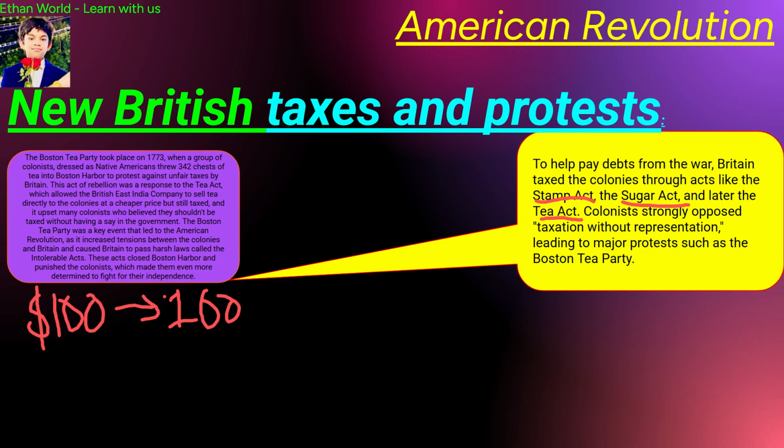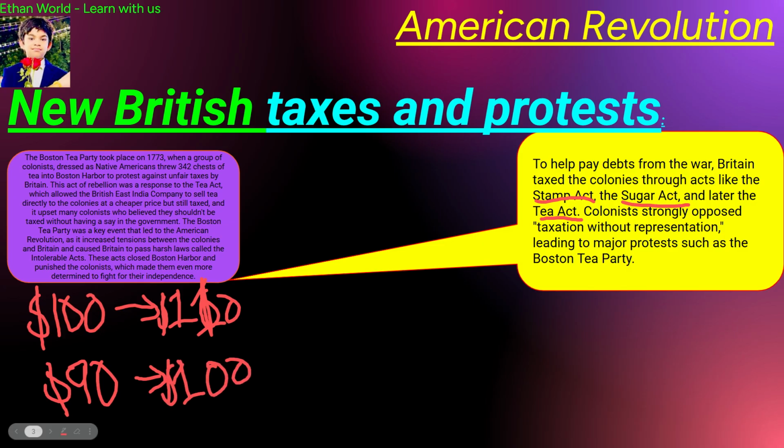The British East India Company came in and said, okay, I'll sell it at $90. But the catch is that there'll still be a tax, maybe $20, maybe $10, but we'll get up to $100.